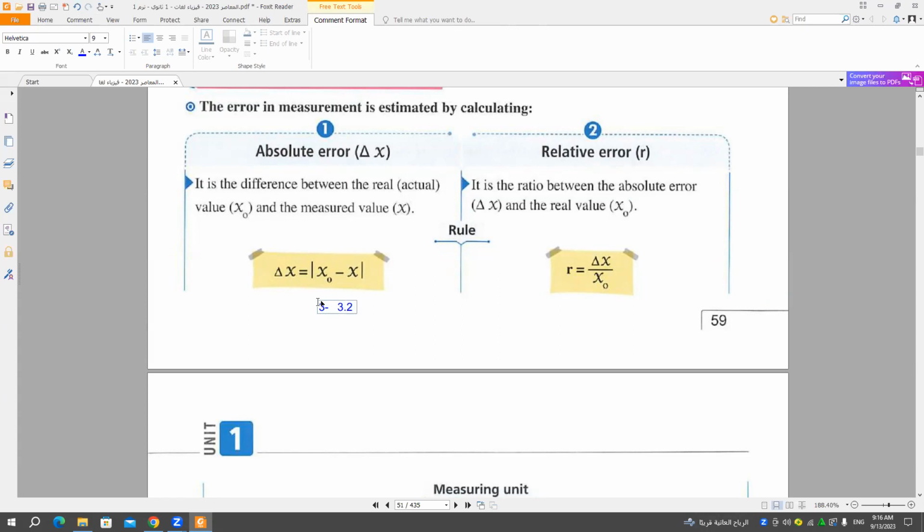So the difference between them equals 0.2. This is the absolute error of mass.